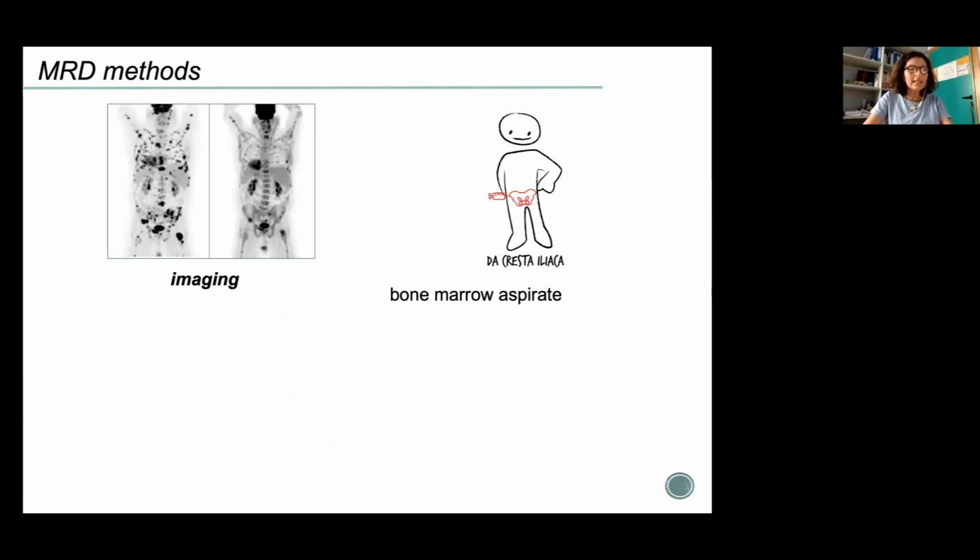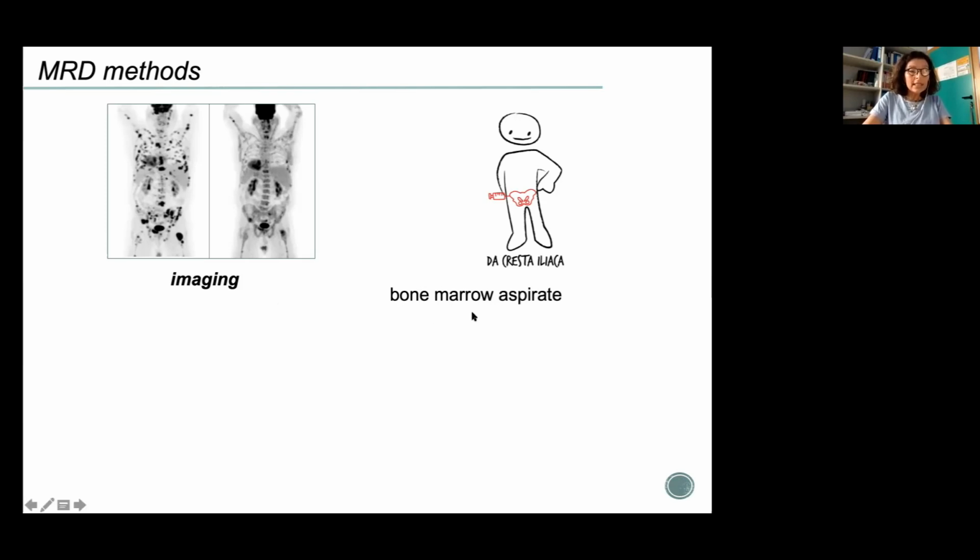Neoplastic plasma cells locate mainly in the bone marrow and have a patchy distribution, which might be well appreciated by imaging techniques such as PET-CT or MRI. This technique might be used to stage the disease at diagnosis, but also to monitor its distribution over time.